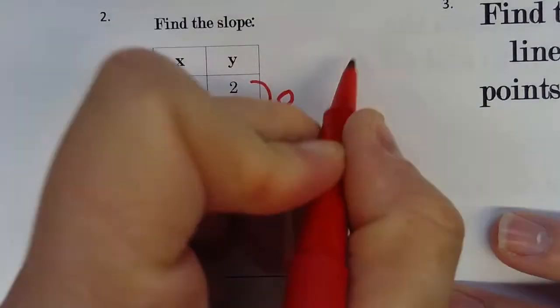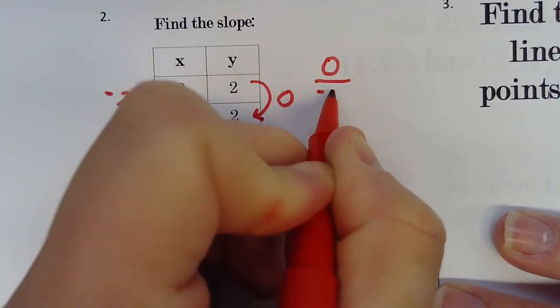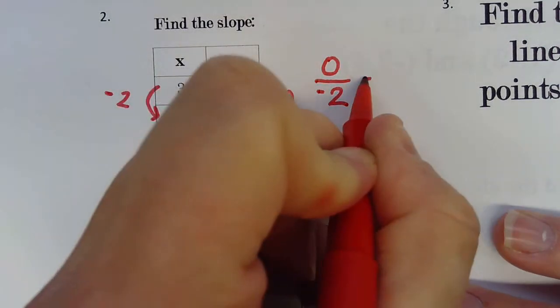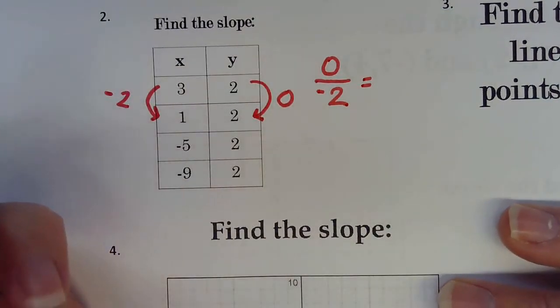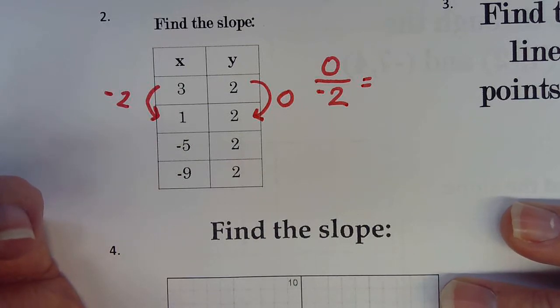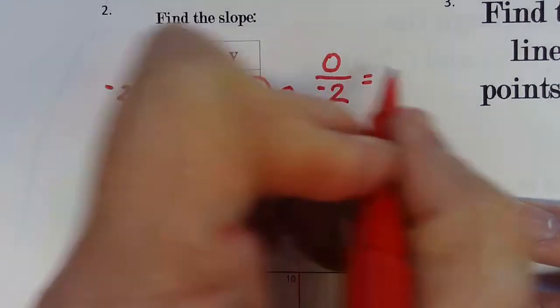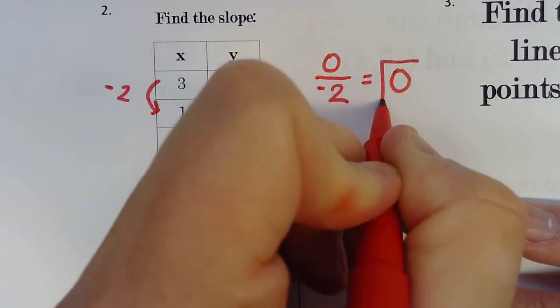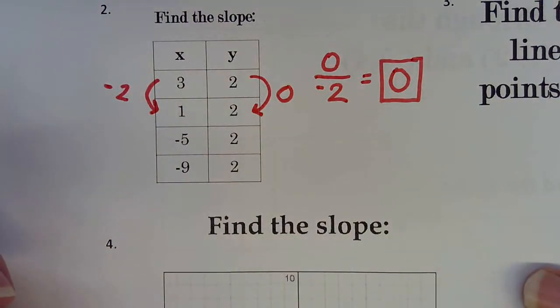So my slope is 0 over -2, which is what? What's 0 divided by -2? 0. Trust calculators. 0 divided by -2 is 0.